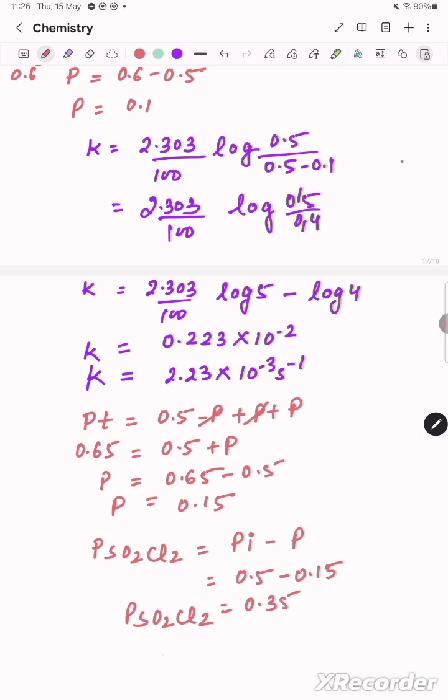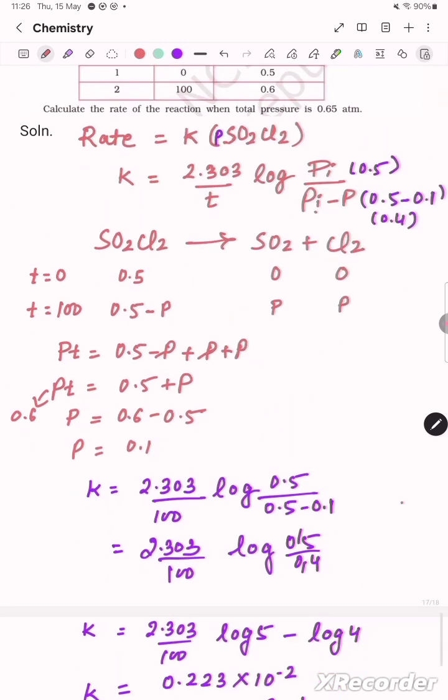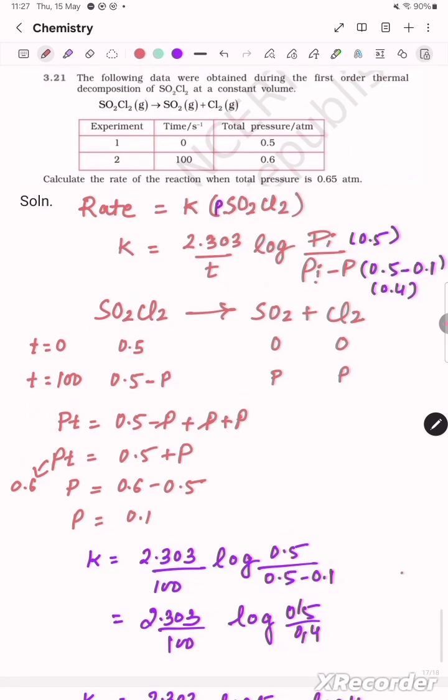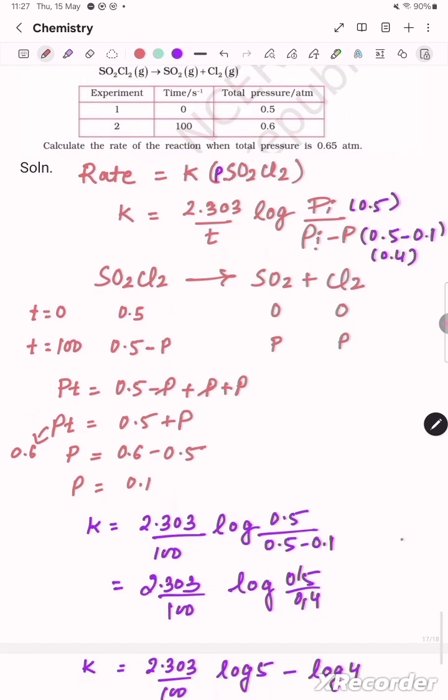Now what is rate? We have to calculate rate. Rate is equal to rate constant multiplied by the pressure of SO2Cl2.